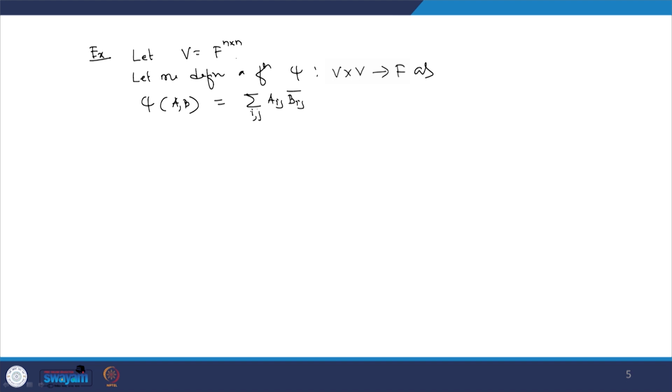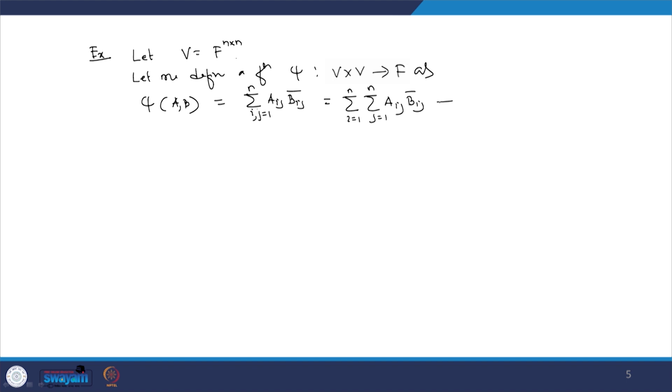The index is over both i and j, that is, sigma i equal to 1 to n, sigma j equal to 1 to n, Aij and Bij bar.